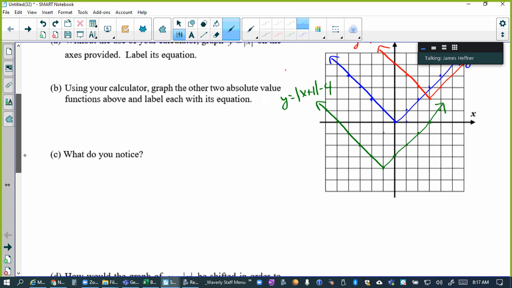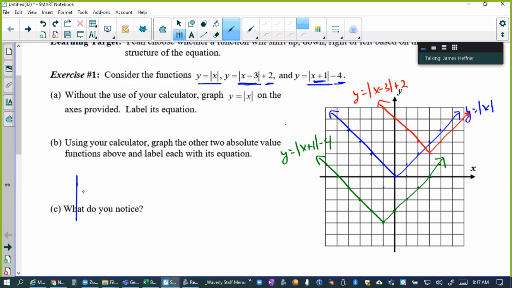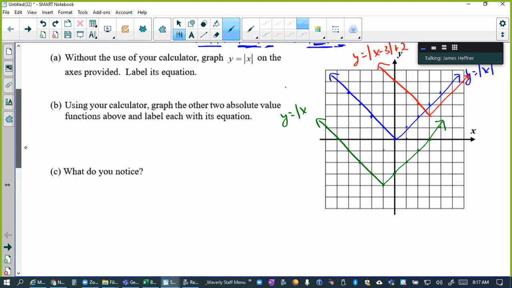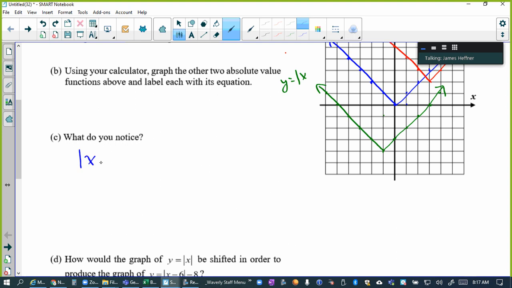As compared to just the regular absolute value of x, the absolute value of x minus 3, the first one we did, plus 2 here outside the function, right, is shifted what? It's shifted right 3 and up 2.